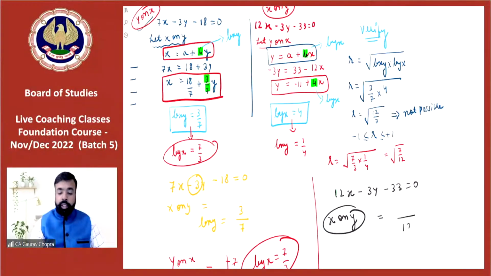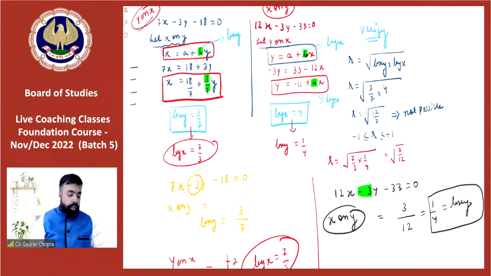So we will write 12 in the denominator. Now this negative 3 will go on the other side and become positive 3. So we will write 3 upon 12, that is 1 by 4, which will be bxy. So in this way, we can directly calculate bxy.